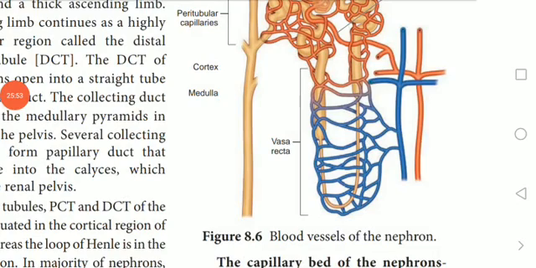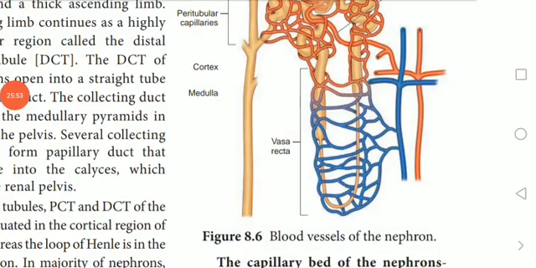So today we have seen the mechanism of urine formation up to tubular secretion, and the formation of concentrated urine we have completed. Today we have seen the formation of concentrated urine. Here, this is the collecting duct.